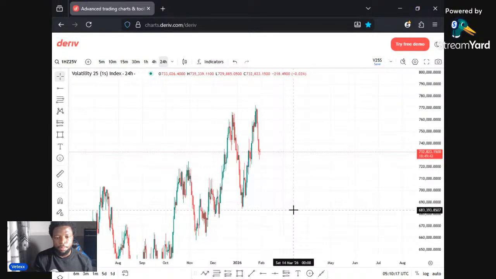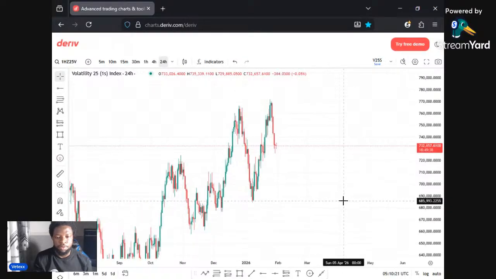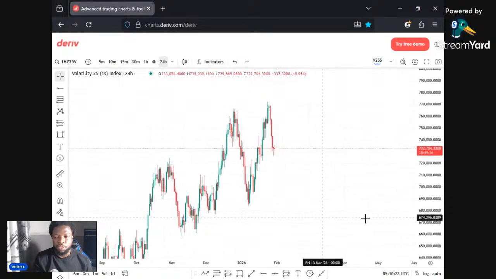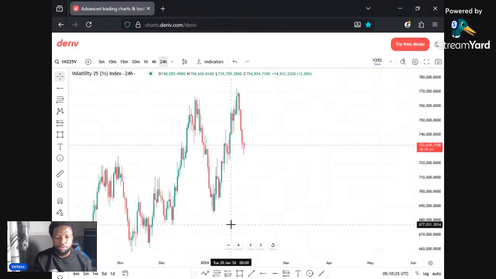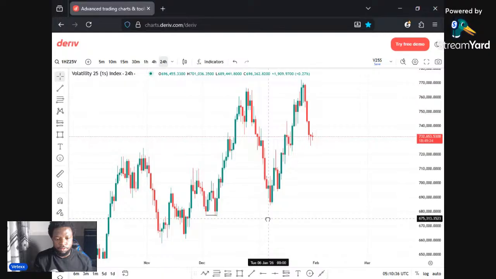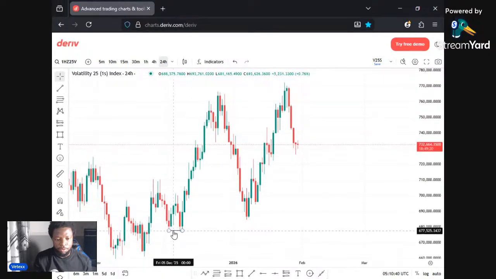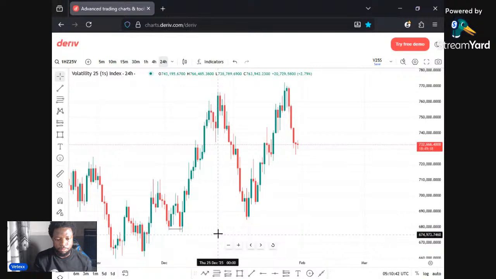So we are anticipating a sell on the daily time frame, but price has not gotten there yet. So this is what we have on the daily time frame. We have this sweep of liquidity, which is here. If you can see clearly, I have this sweep of liquidity on the daily time frame.